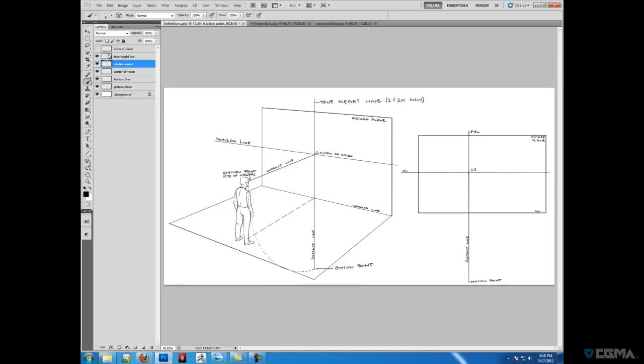The station point is very important because from here you will measure out your cone of vision. Now, the cone of vision is the area in which you can draw without distortion. It is generally considered to be an angle of 60 degrees, about 30 degrees from each side of the center of vision.